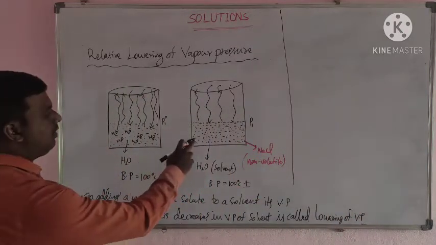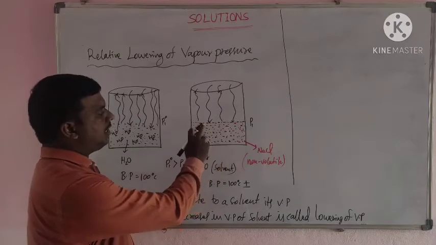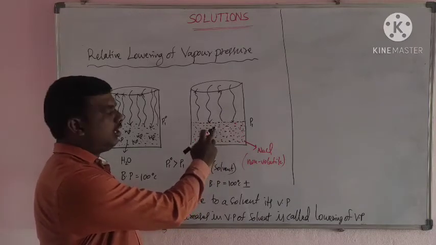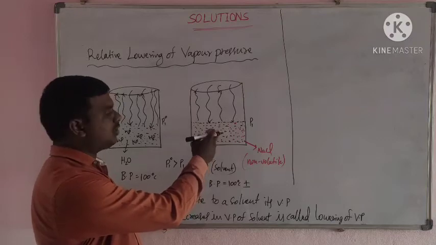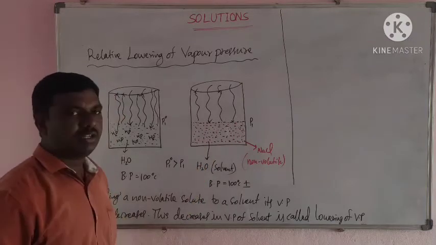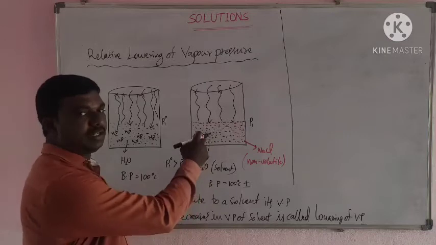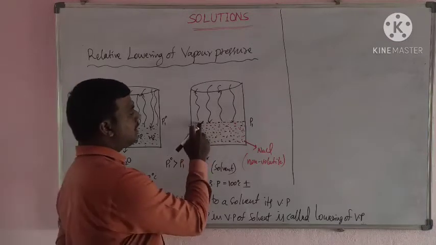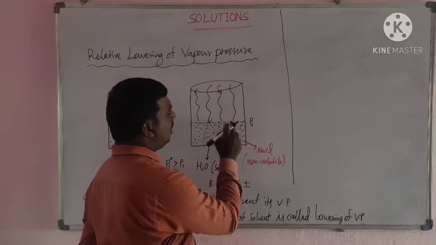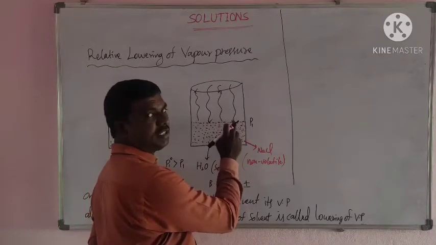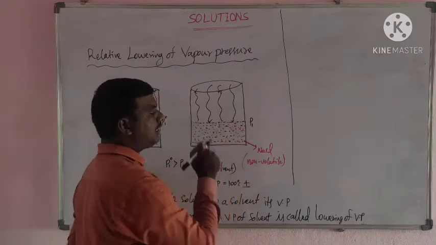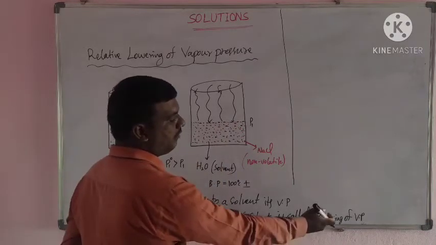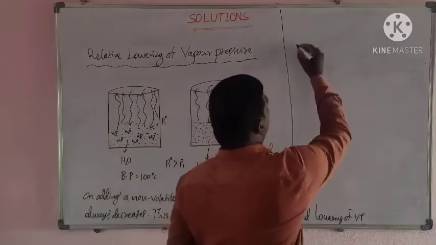What happens here? When a non-volatile solute is added to a pure solvent, the vapor pressure of the solvent is lowered, that is, the vapor pressure of the solution is lower than that of the pure solvent, because the escaping tendency of solvent particles or molecules decreases. That is called lowering of vapor pressure.